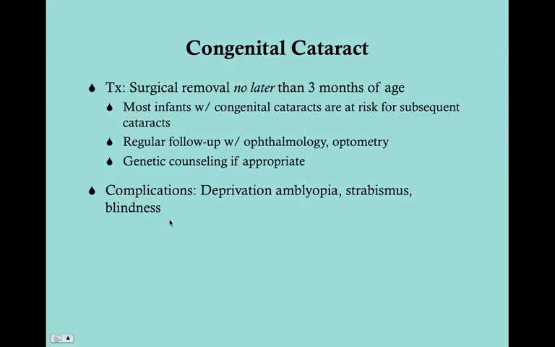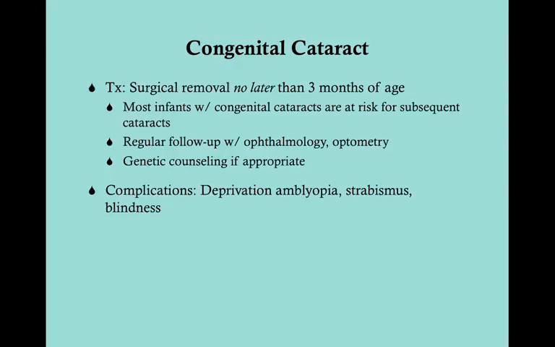The treatment for congenital cataract is surgical removal no later than 3 months of age. I've seen some papers that say 5 weeks to 5 months of age, but typically ophthalmologists will treat infants with cataracts pretty quickly. Most infants with congenital cataracts are at risk for subsequent cataracts because they have this disease process that's going on.